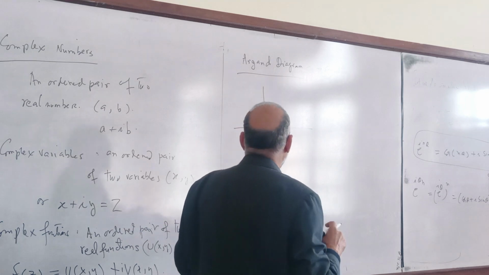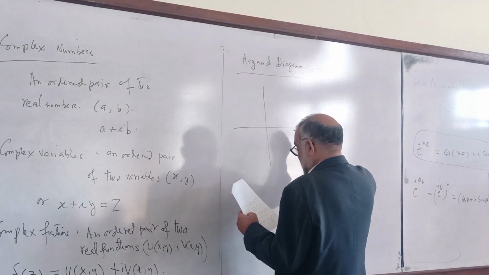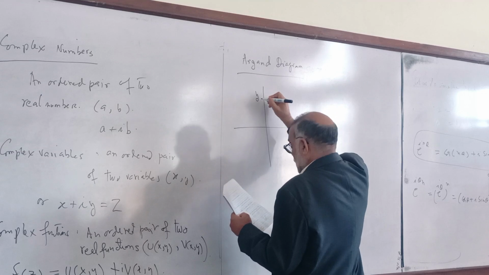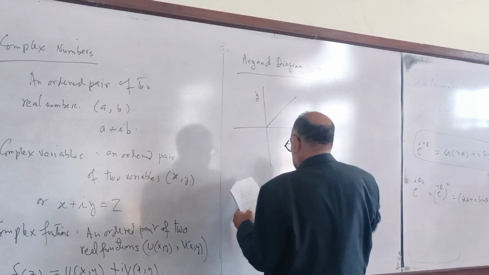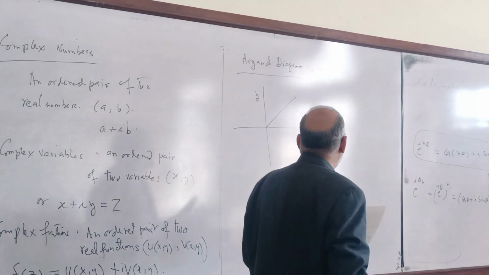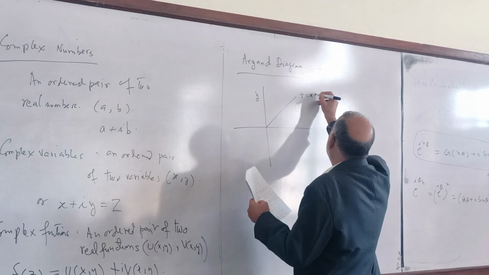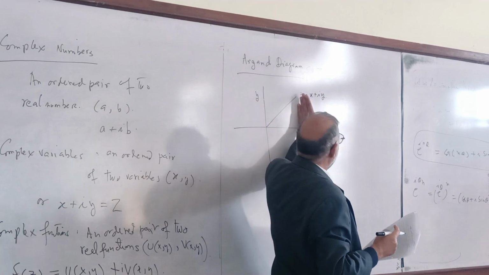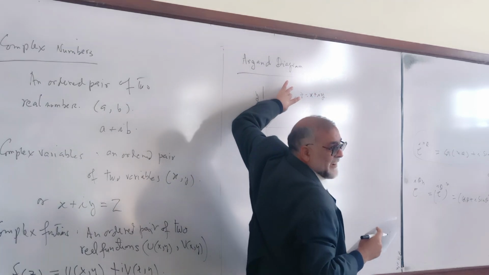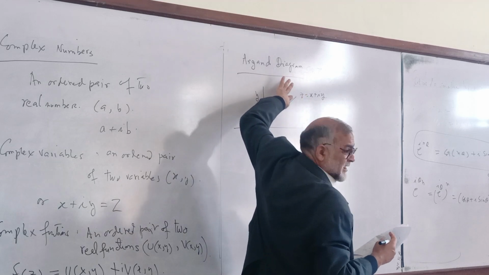Generally this is taken as x and this as y, and you represent the complex number z as x plus iy.